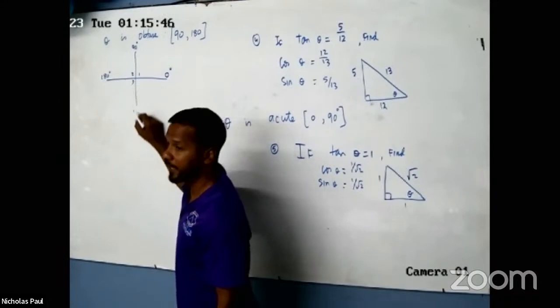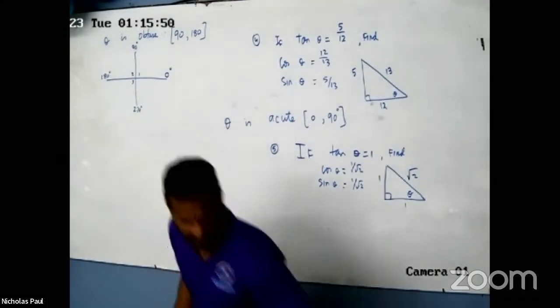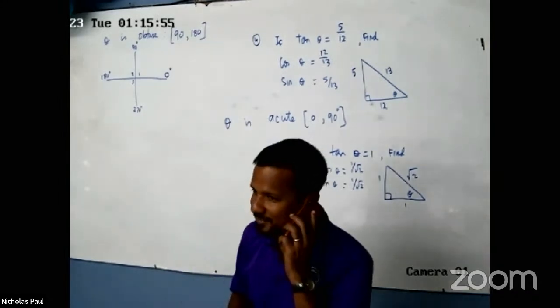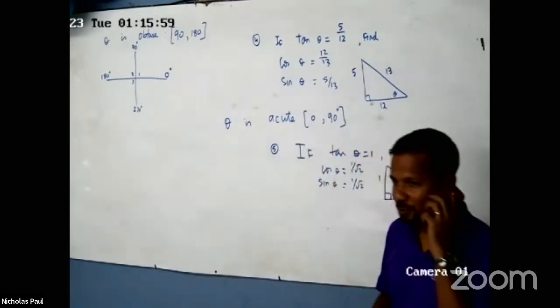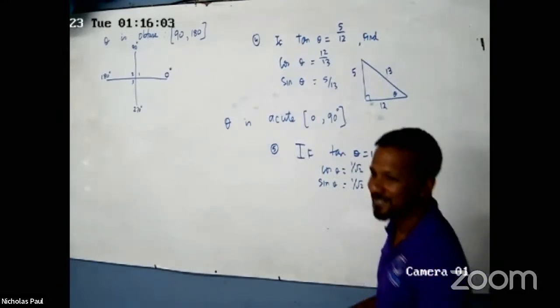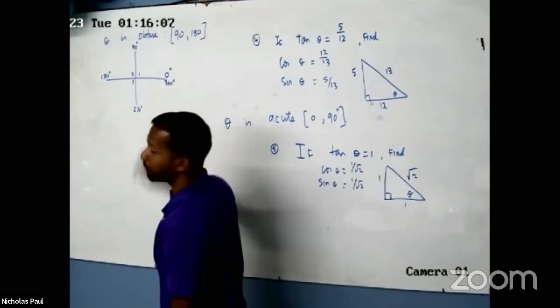Third quadrant here is between 180 and 270. Fourth is between 270 and 360.